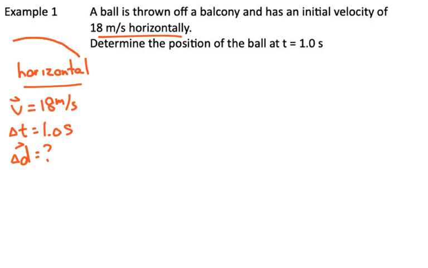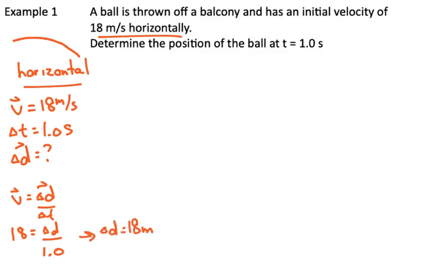Since we have a constant velocity, we can use one of the simpler equations. This one would work just fine. Substituting in, and cross multiplying, we would get that the displacement horizontally would be 18 meters.